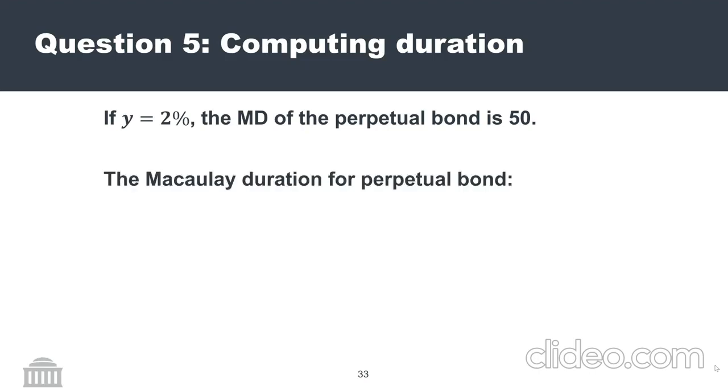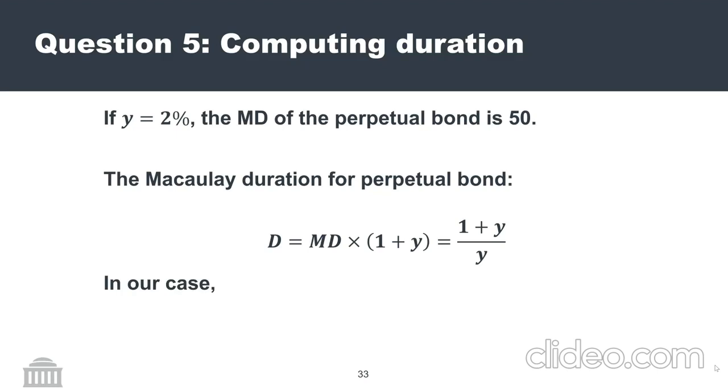Now, the Macaulay duration we can compute based on the modified duration that we just computed. Remember that the Macaulay duration is just modified duration multiplied by 1 plus y. And we know that the modified duration is 1 over y, so therefore the Macaulay duration is just 1 plus y divided by y.